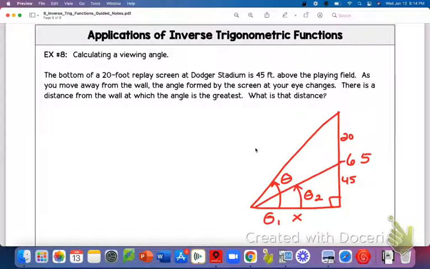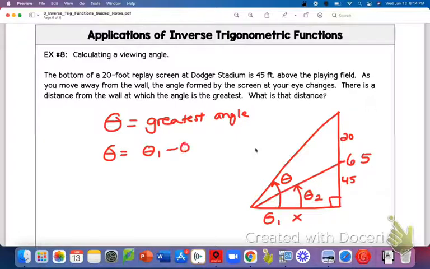So what are my relationships? Well, I'm going to let theta be the greatest angle. Well, that would be equal to theta 1 minus theta 2, right? And now what are our equations to solve for theta?